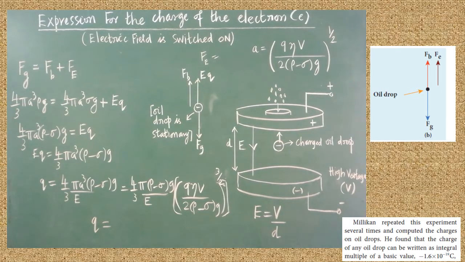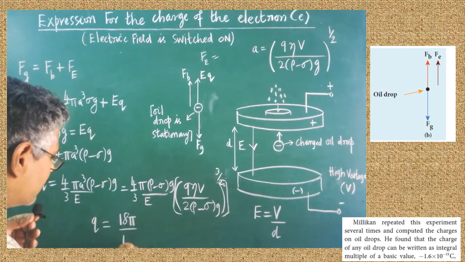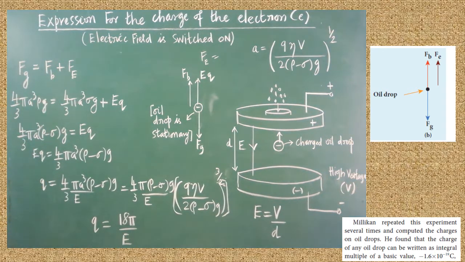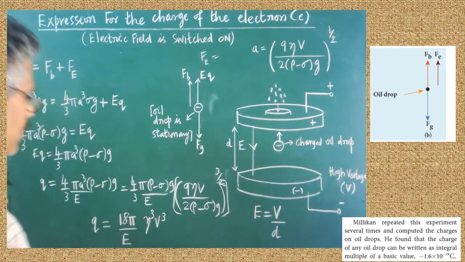So finally you will be getting 18 pi E. This one must be simplified. Eta to the power of cube, V cube. What is V here?